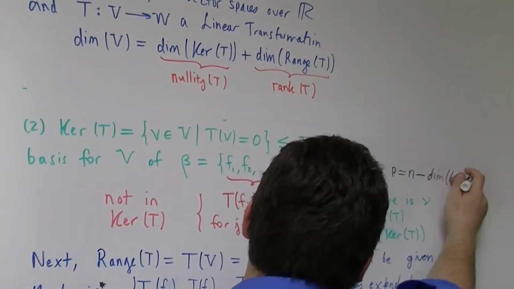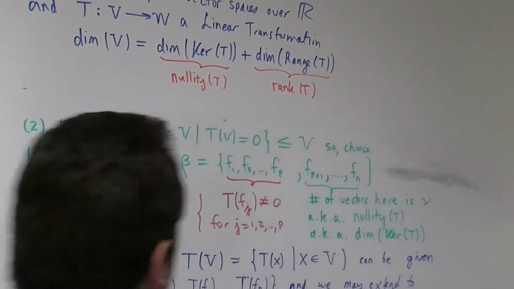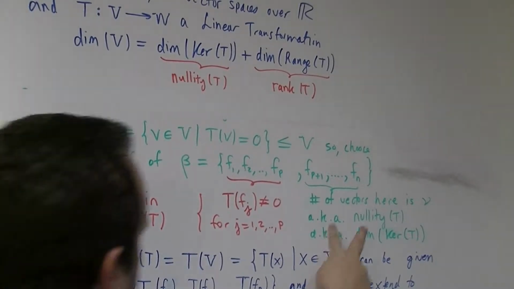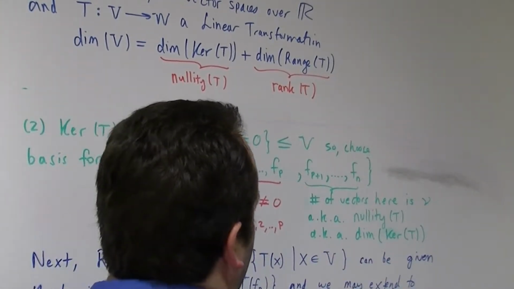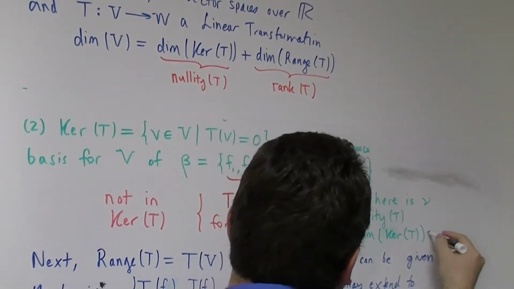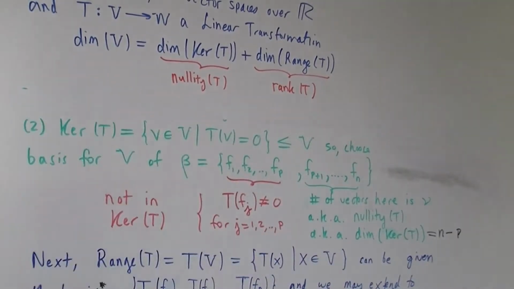Is that right? No, it's still wrong. I guess I don't know what it is yet. That's kind of the point. But how many things are in here? n minus p, right? The dimension of the kernel is n minus p.